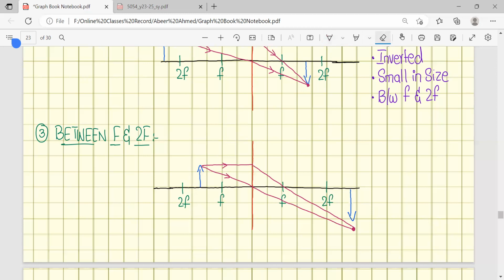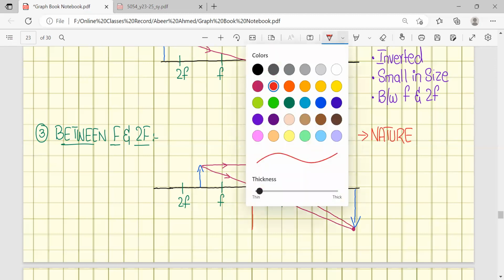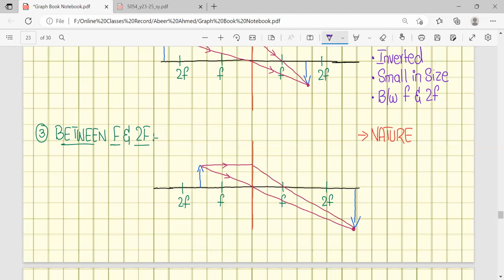So the image is going to be placed at this point, right? So now if you want to write about the nature of the image, what will be the nature of the image? Real, inverted. Inverted. Yes. And bigger in size. Yes, very good.